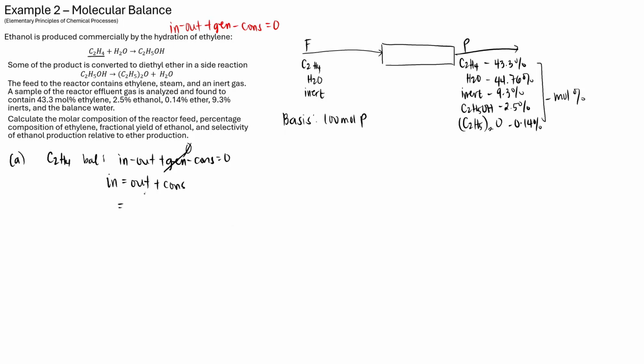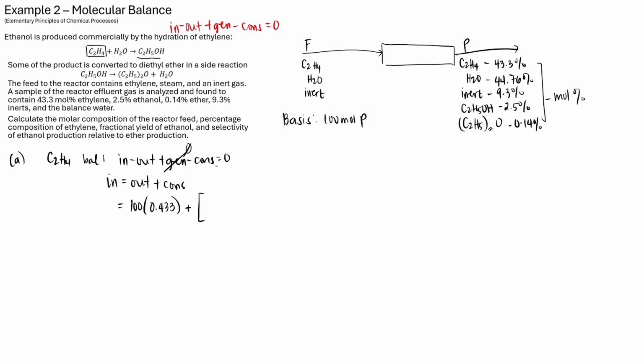So how do we solve this? Well, first, out. We have here the percentage of out, so 100 times 0.433 plus the consumption term. How do we know how much C2H4 was consumed? Well, in the production of ethanol, we used C2H4.